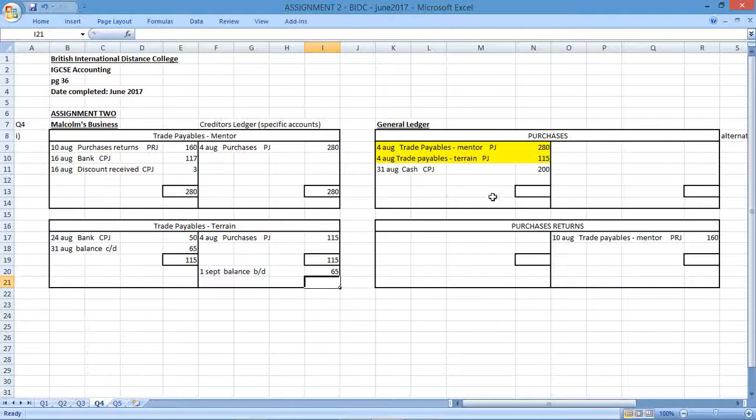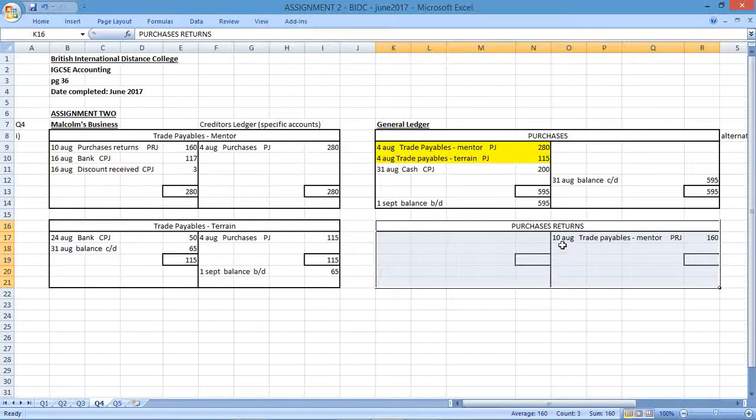These accounts, you could balance or you could just total. I'm going to just balance for the sake of being more accurate. Balance carried down, balance brought down. Perfect, and that's the balance there.